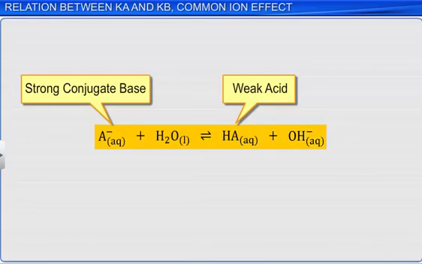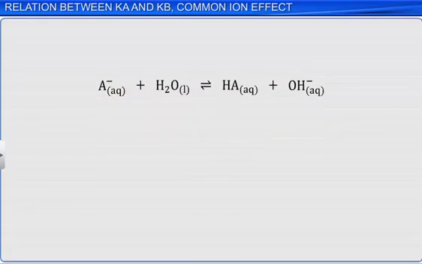The base dissociation constant, Kb, for the dissociation of this base can be written as the product of concentration of HA and OH- ion divided by A-.